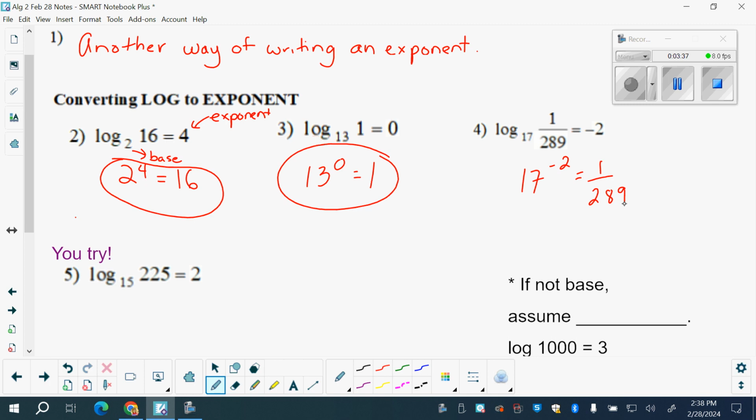So if we take 17 to the negative 2, remember that's the same thing as 1 over 17 squared, which is 1 over 289. Questions on that? So base, exponent, and answer. Go ahead and do number 5 as your try. Do that on your paper, please.